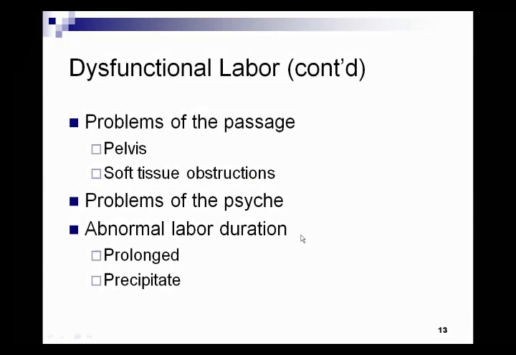So what are problems of the passage? That would be dysfunctional labor as a result of variations in the maternal bony pelvis or soft tissue problems. If they have a small pelvis, they'll have slow fetal descent and a long labor.